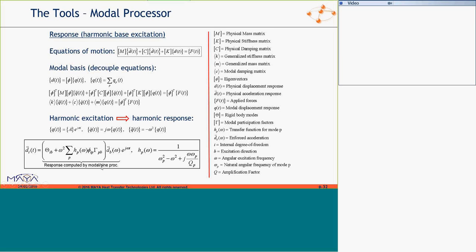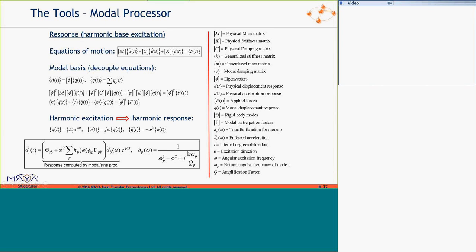The response that we calculate in the total summary, and also in the sine processor, which is the next section we're going to look at, is your acceleration plus your dynamic response, which is omega squared times the sum of the transfer function H times the eigenvector times your modal participation factor.